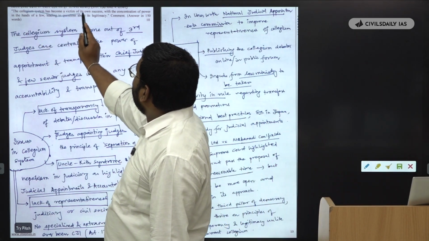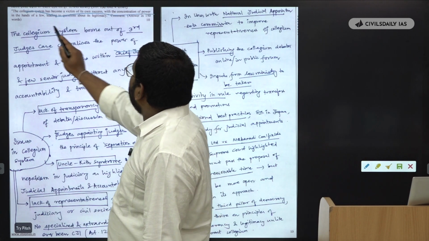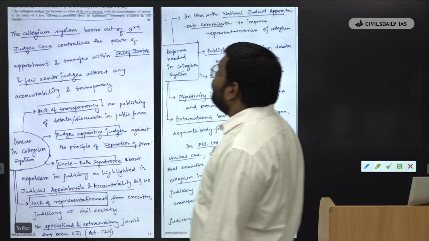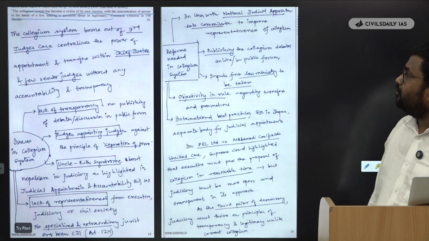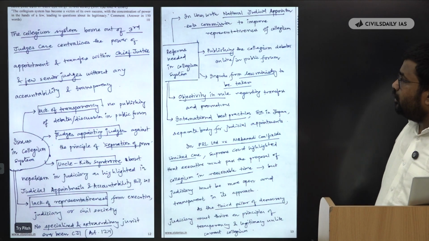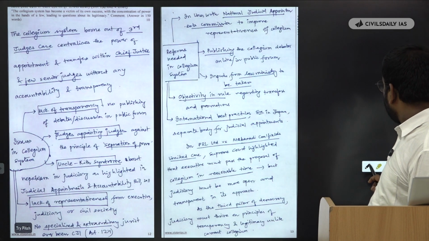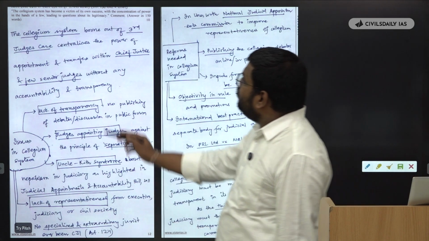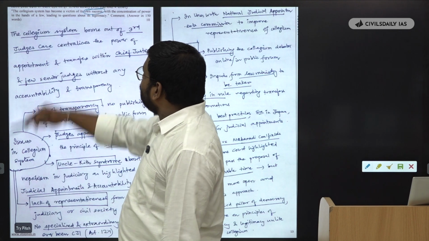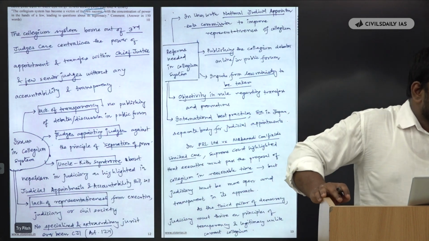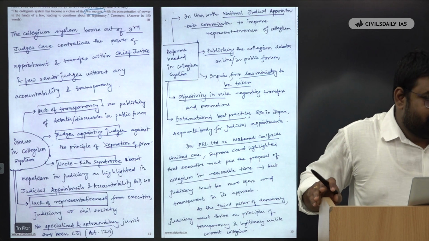Collegium system has become victim of its own success with concentration of power in the hands of few, leading to question about its legitimacy. Okay, so sorry, it is not unidirectional, it is bidirectional. The victim of its own success. So first you have to highlight the success of it.